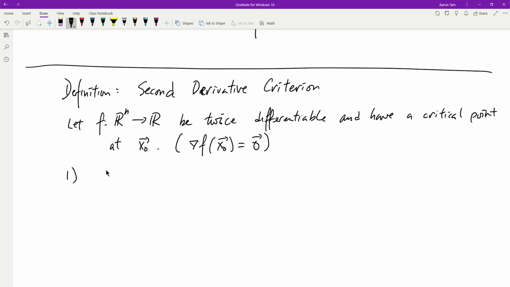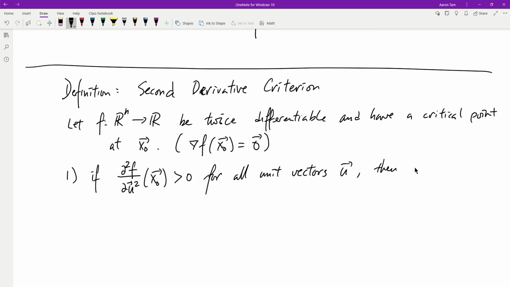Number one, if the second partial directional derivative of f in the direction of u, at the point vector x sub 0, is greater than 0 for all unit vectors u, then f has a relative minimum at x sub 0.